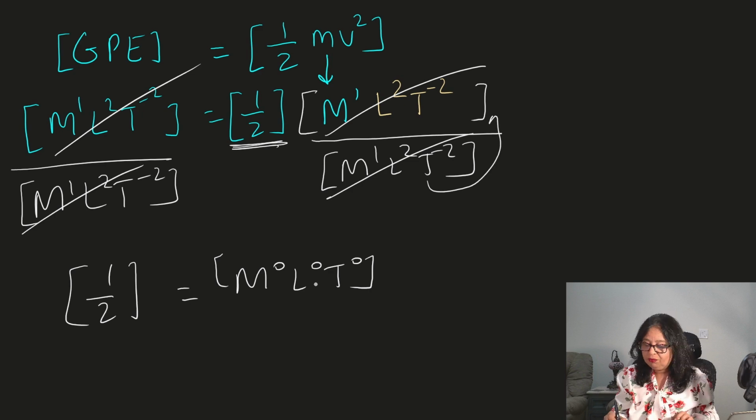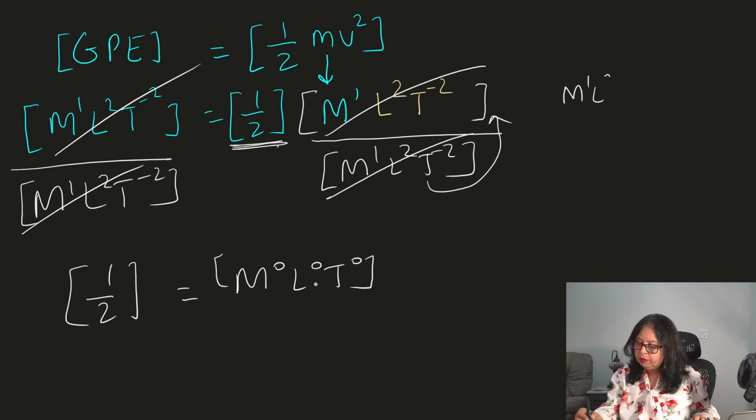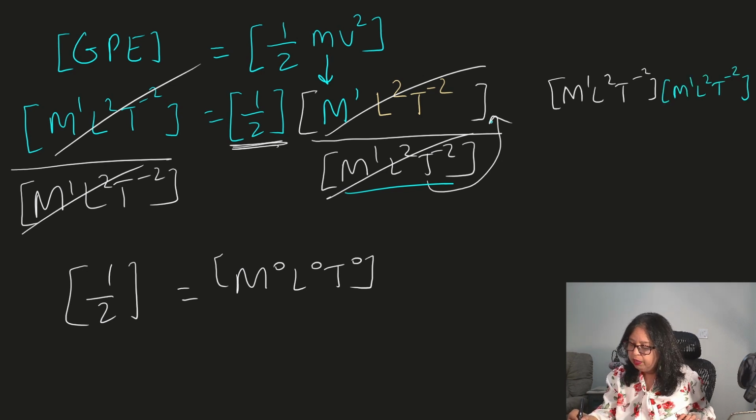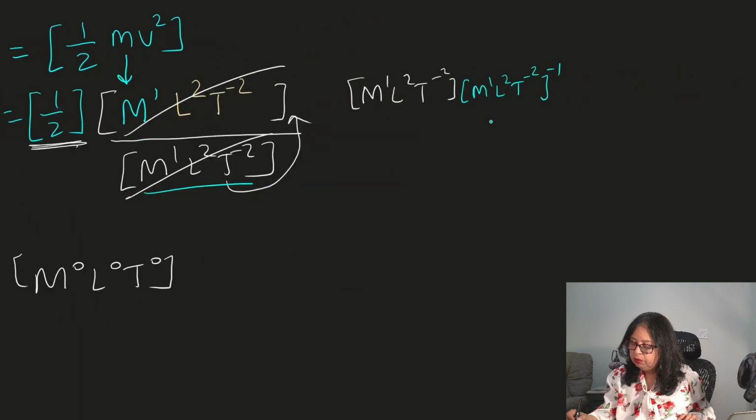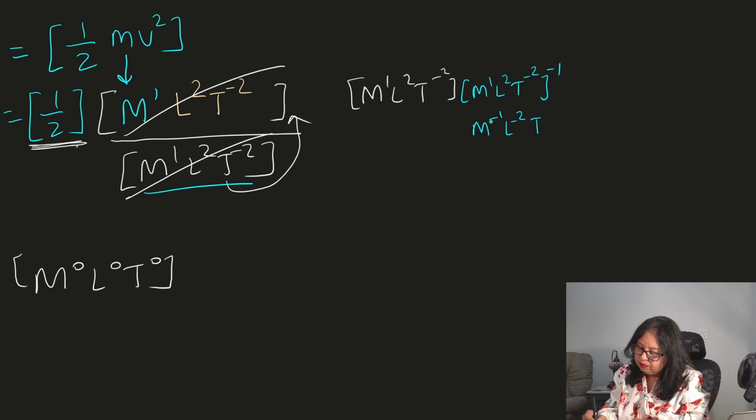How? Because, hey, take this upstairs. It becomes what? So we have M1 L2 T minus 2 up there, right? And when you bring the bottom one up, it becomes M1 L2 T minus 2 to the power negative 1. The negative 1 goes inside and becomes M minus 1 L minus 2 T plus 2.